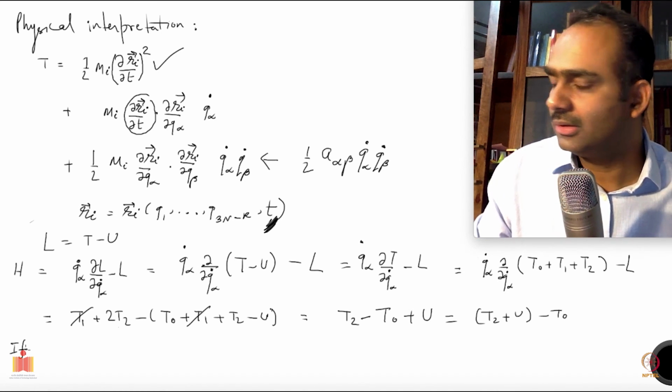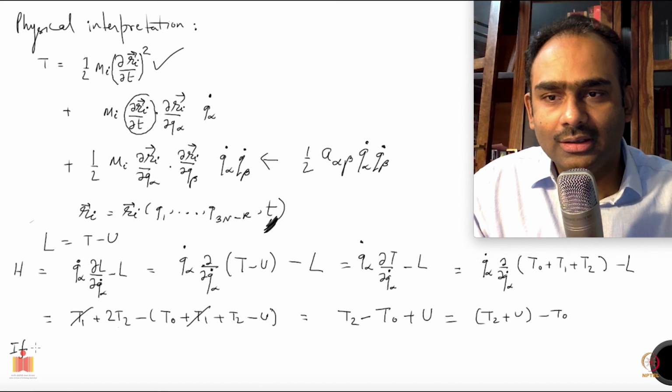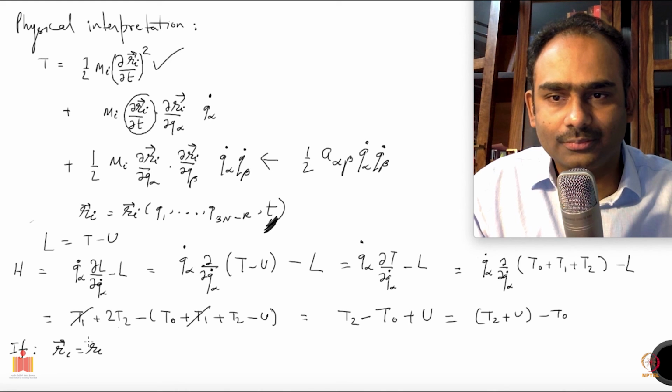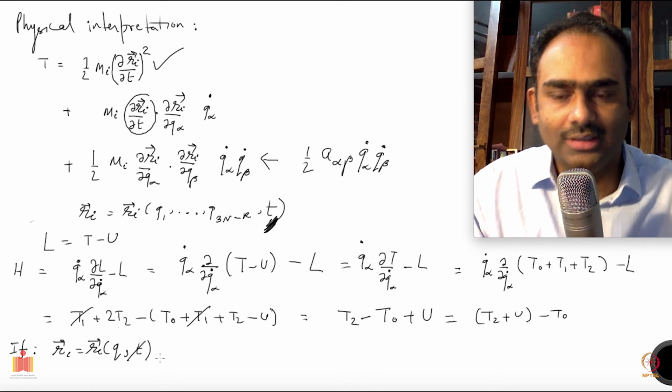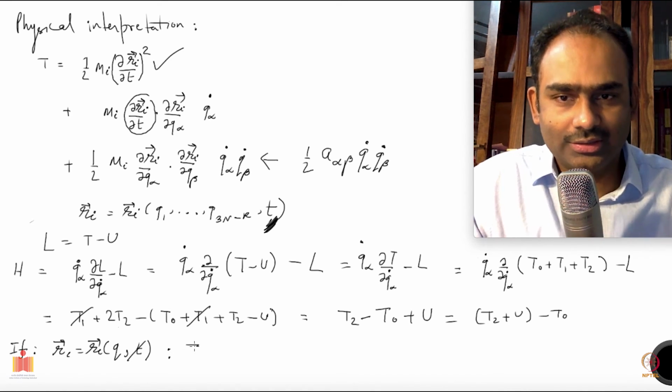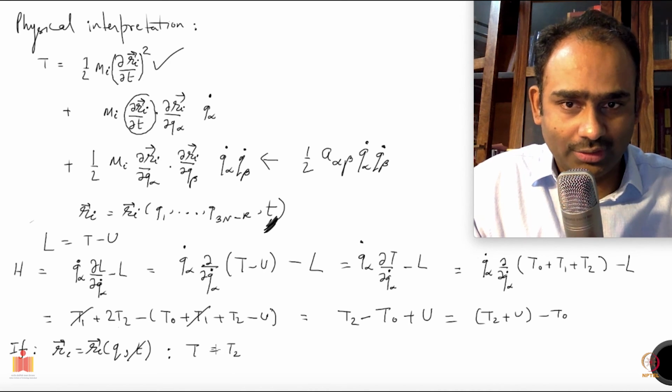So if there is no explicit time dependence, then your T is equal to T2, only the quadratic piece.